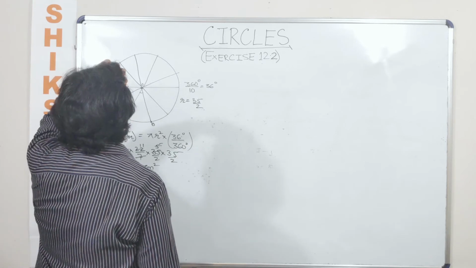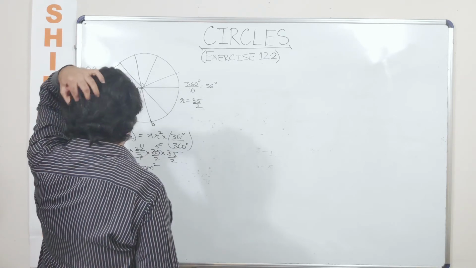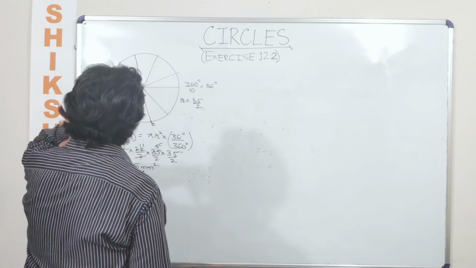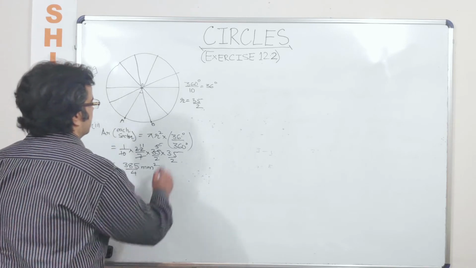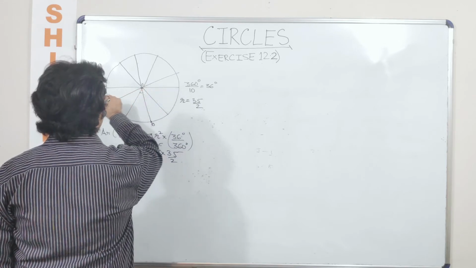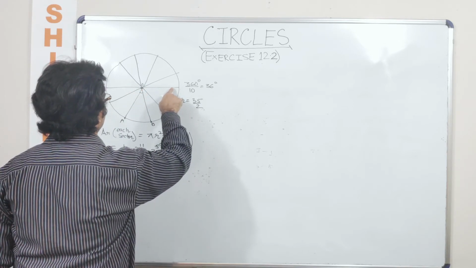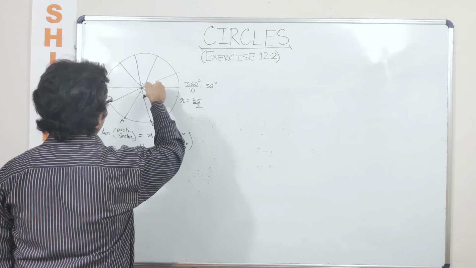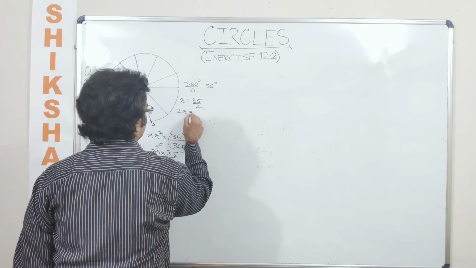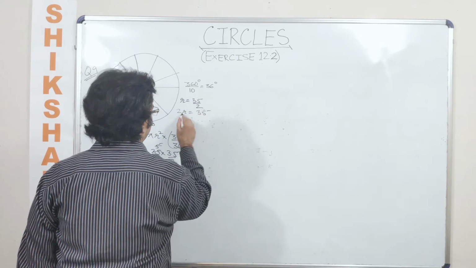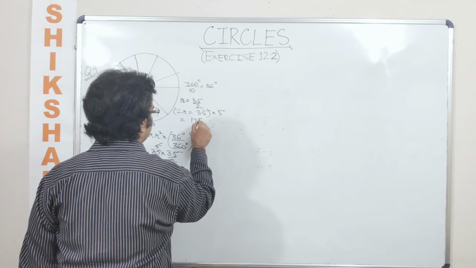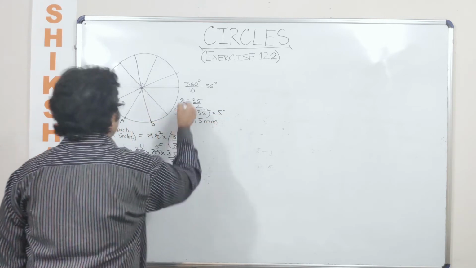Okay, now talking about the total length which needs to be calculated. Once we are calculating the total length, can we first find out how many such diameters were formed? Can I say 5 such diameters? So 5 such diameters means what? This becomes 175 millimeters, and then the entire circle which was formed.